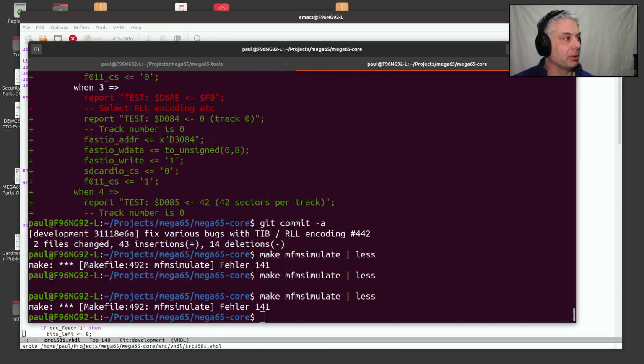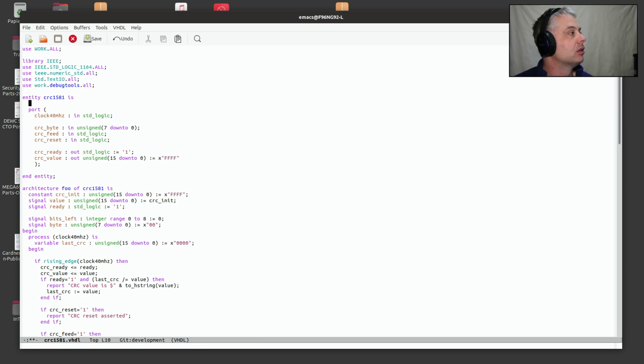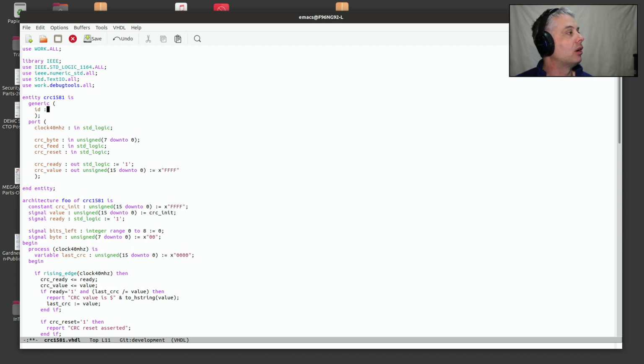So ideally what we need to do is put an identifier in the CRC, a generic ID integer 0.